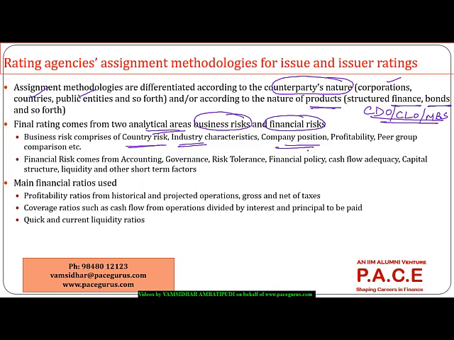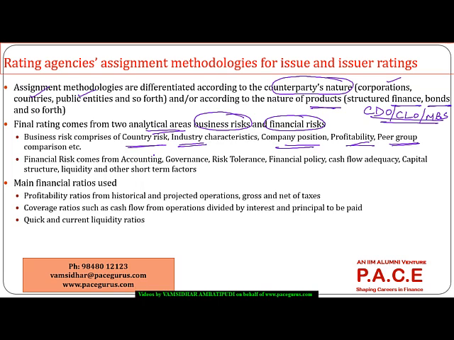What is the market share of the company? What is the position of the company vis-a-vis the competition? What is the level of profitability of the company vis-a-vis the industry? What is the peer group? All these things and the risks associated with all these factors come under the business risk.